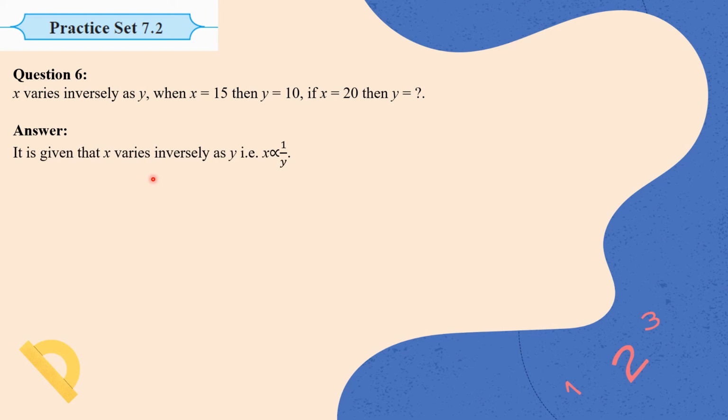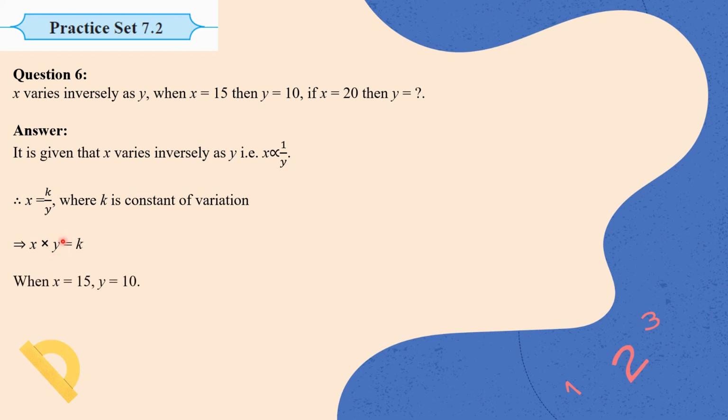It is given x varies inversely as y, that is x inversely proportional to 1 upon y, and in the form of equation this will be x is equal to k upon y, where k is the constant of variation. The equation of variation will be x into y is equal to k.